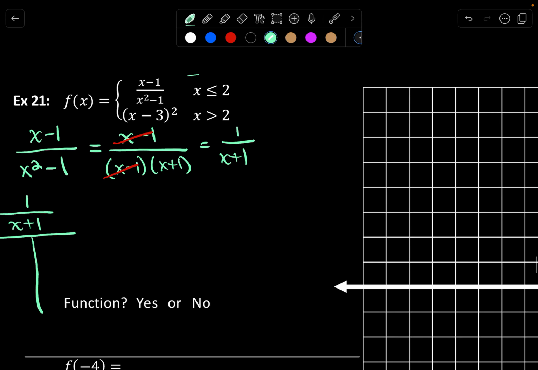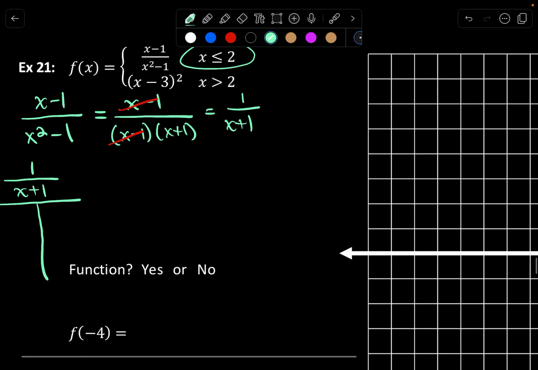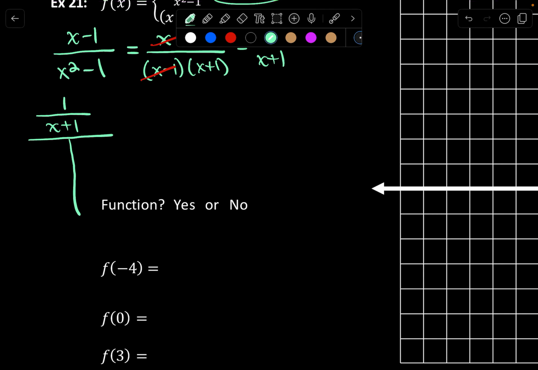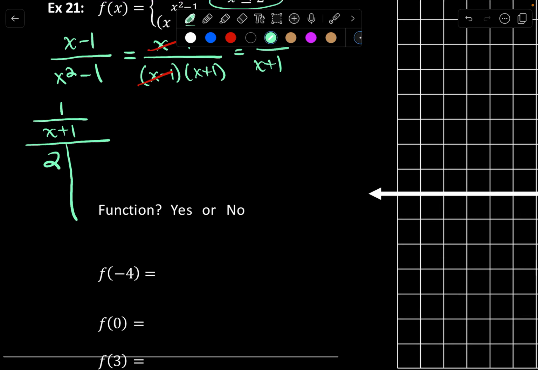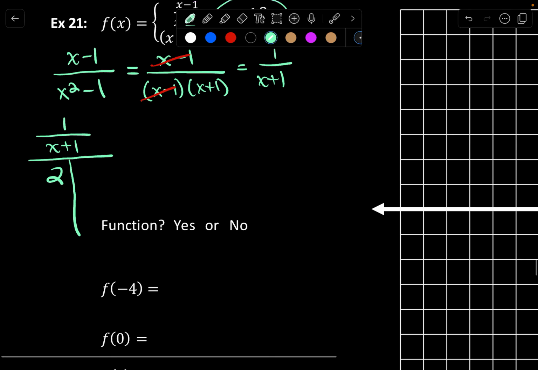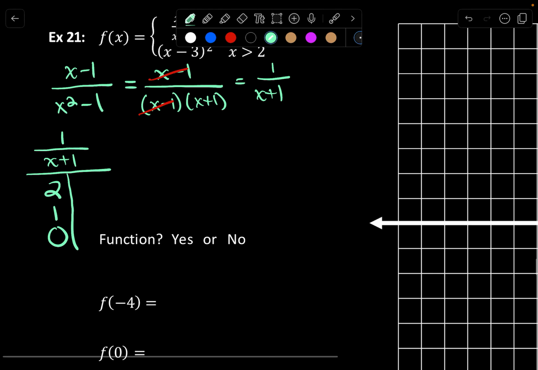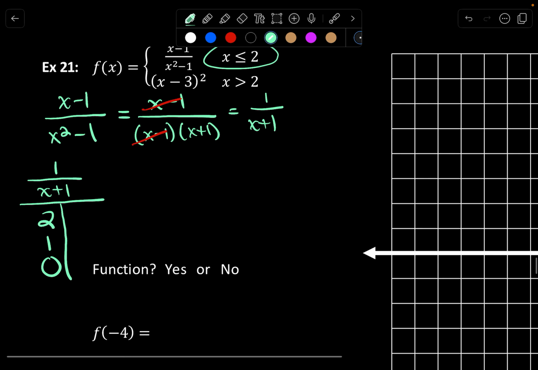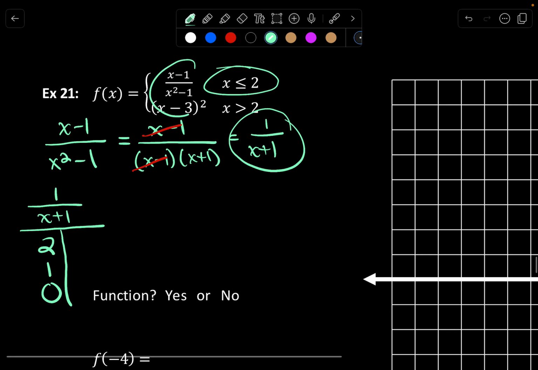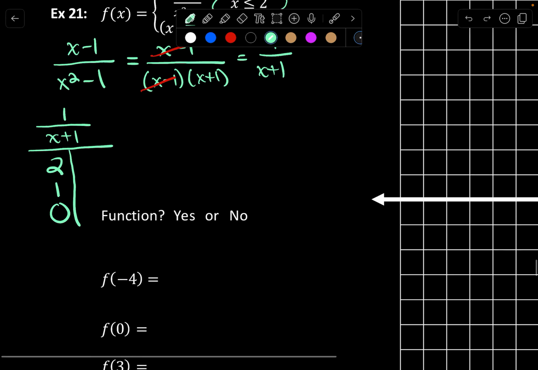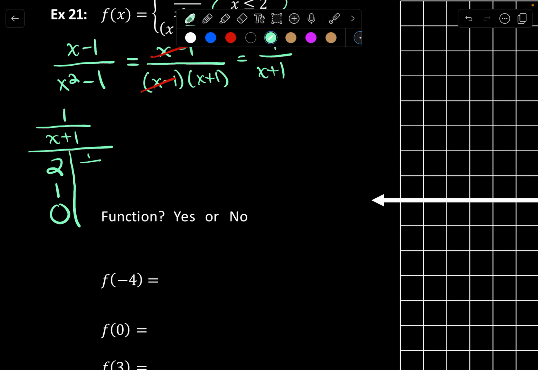So this one is going to start at x is less than or equal to 2. So that means we'll start at 2, and then we're going to decrease or go down. So we'll have 1 and then 0. Plugging in 2, we can use the simplified. All right, these are equivalent. You don't have to use the x squared version. So we'll plug in 2, we get 1 over 2 plus 1, which is 1/3.